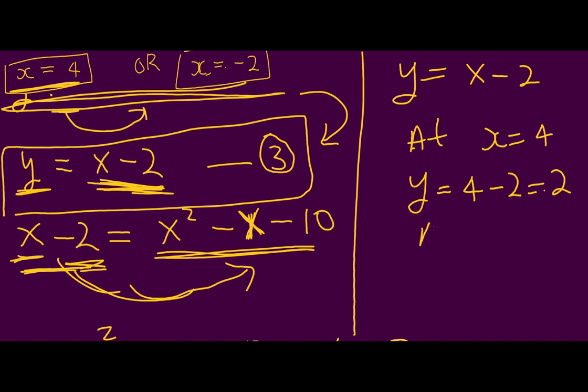Then at x equals negative 2, y equals negative 2 minus 2, substituting the x there, equals negative 4.